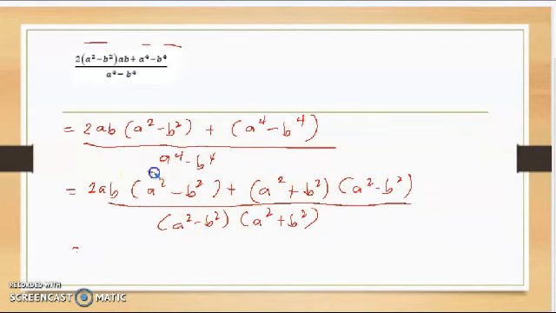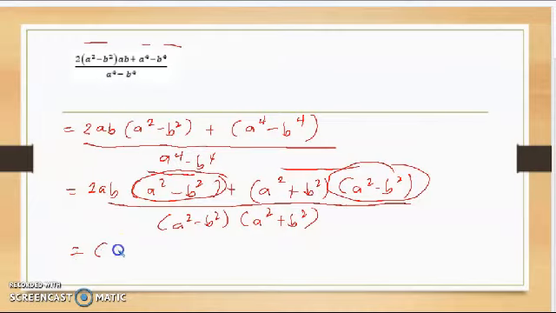So reminders, this is our first term and this is our second term. Okay? So as you can see guys, there is a GCF, which is a square minus b square. Okay? So factor out the GCF, which is a square minus b square. Then divide. So the first term divided by a square minus b square is equal to 2ab.